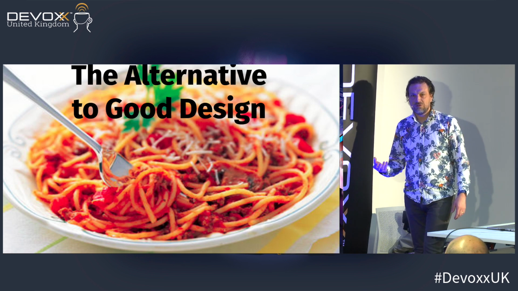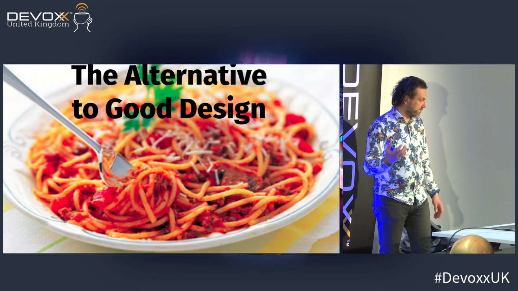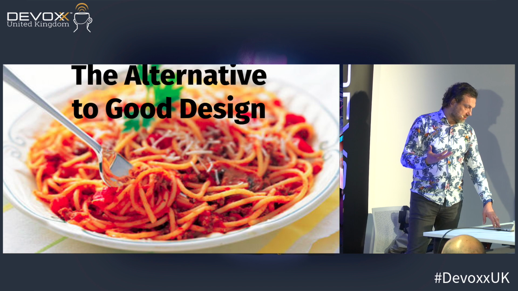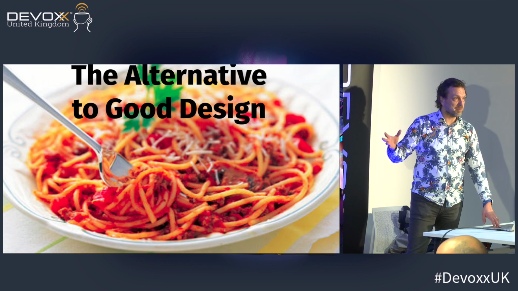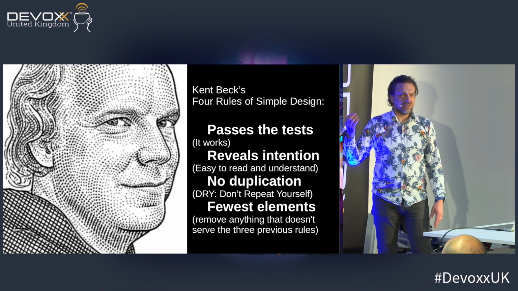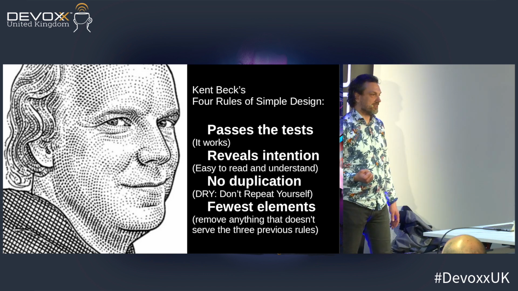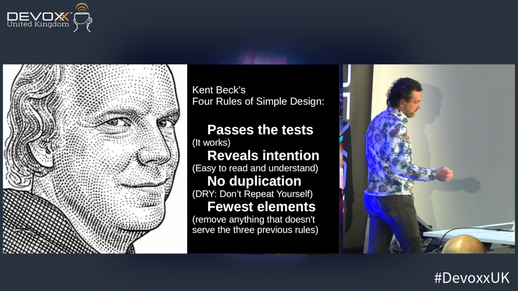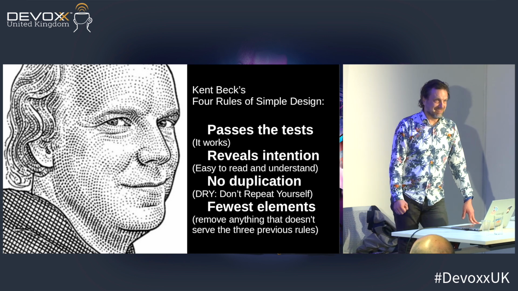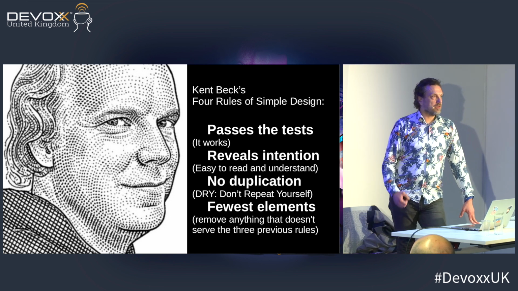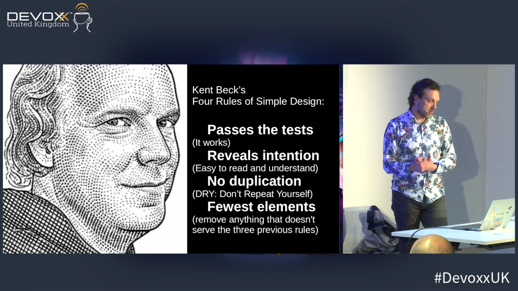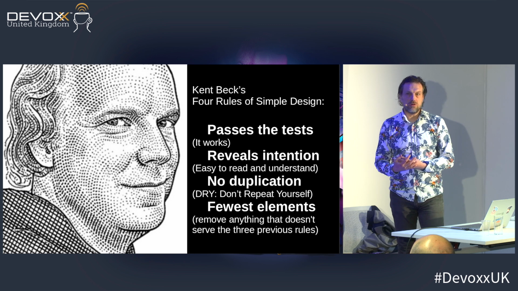And then we go to what code quality is, because the alternative to good design is spaghetti. I'm from Italy, so I know about spaghetti. You may have heard of the 4 rules of simple design, which Kent Beck wrote many, many years ago. They say that to have a good design, there are basically 4 simple rules.